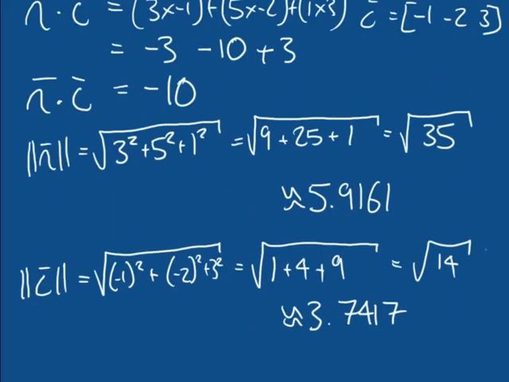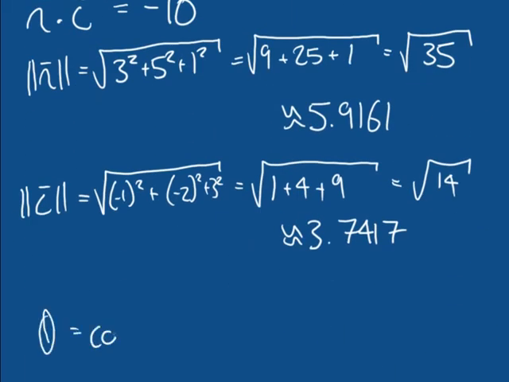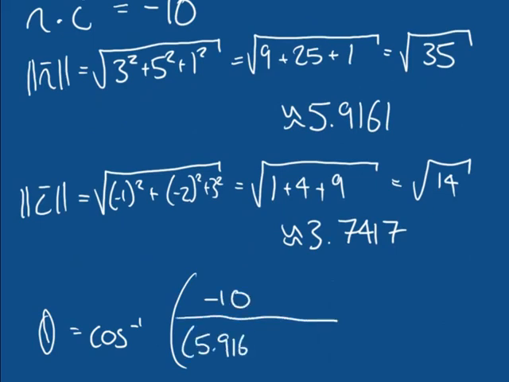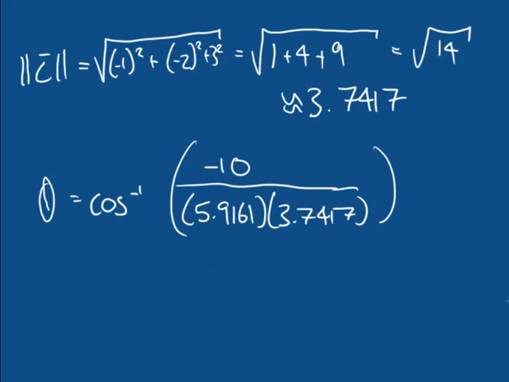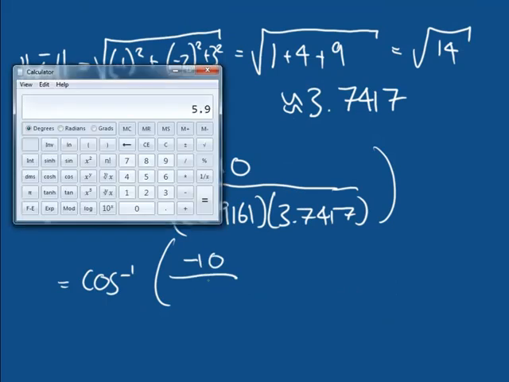So we need to find theta, which is equal to the inverse cosine of n dot c, which was negative 10, divided by 5.9161, the length of n, times 3.7417, the length of c. Which is equal to the inverse cosine of minus 10 over 5.9161 times 3.7417, so that's 22.1363.